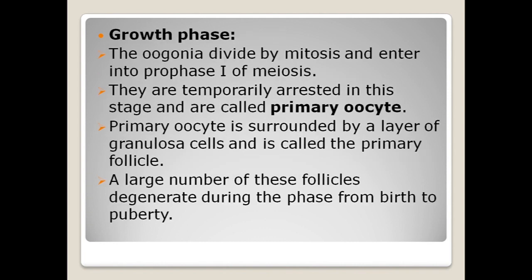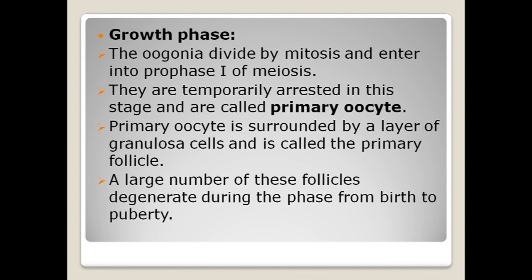Second comes the growth phase. The oogonia divide by mitosis and enter into prophase 1 of meiosis. They are temporarily arrested in this stage and are called primary oocytes. Primary oocyte is surrounded by a layer of granulosa cells and is called the primary follicle.